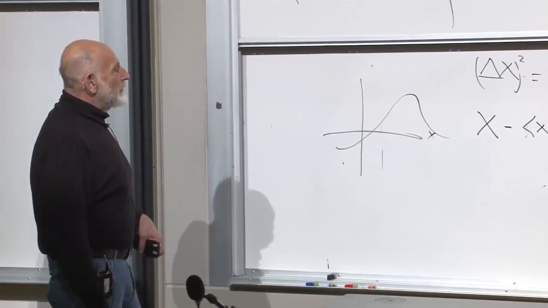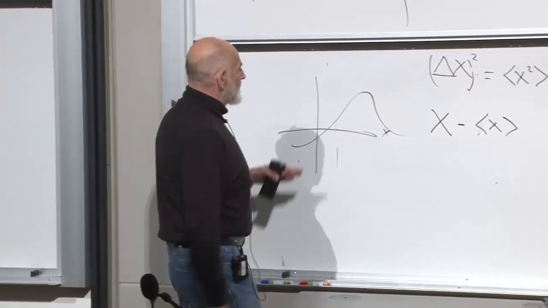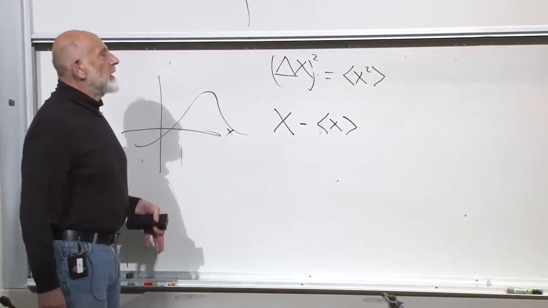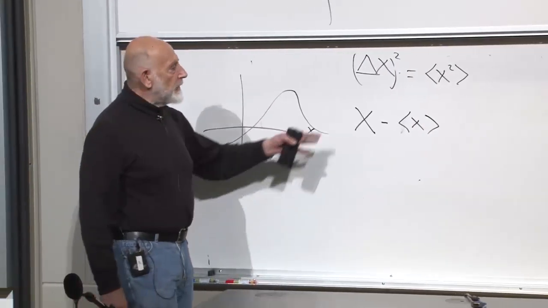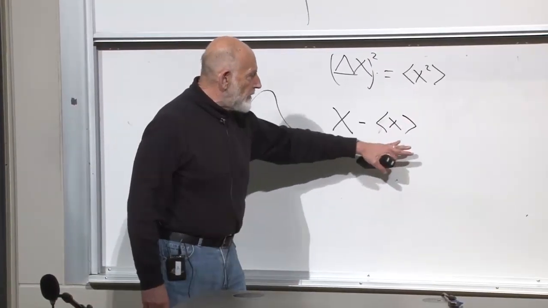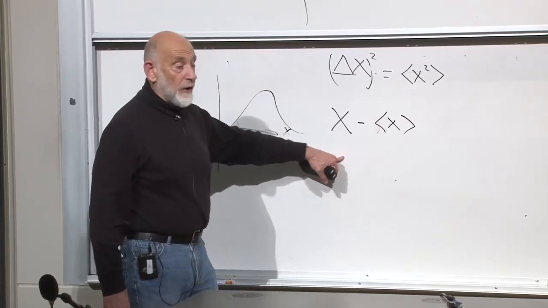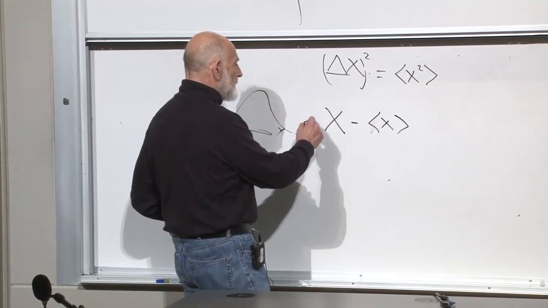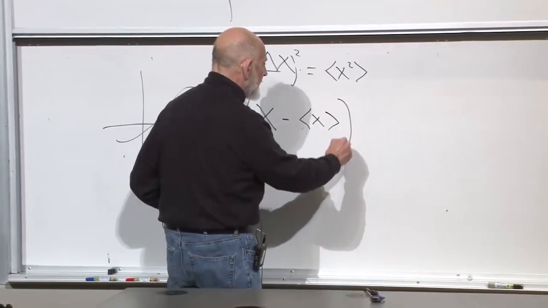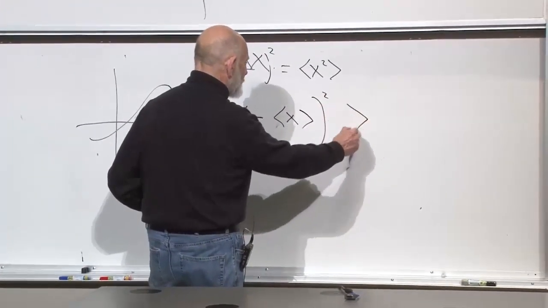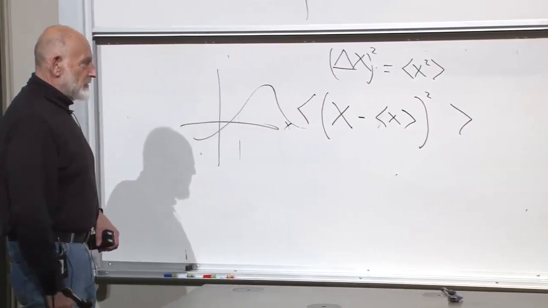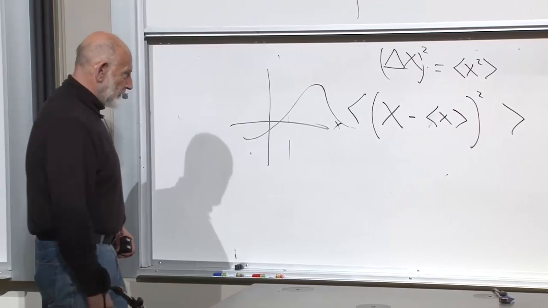All right, so now we have a new quantity, which has just been shifted so that its average is 0. And what's the fluctuation in it? The fluctuation in it is the average of the square of this thing. So we want to take this thing, square it, and average the whole thing. It's a good quantity.